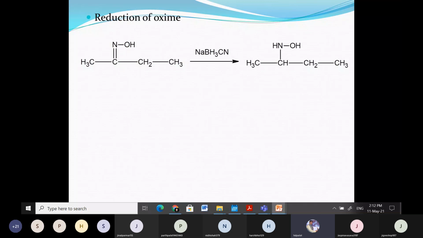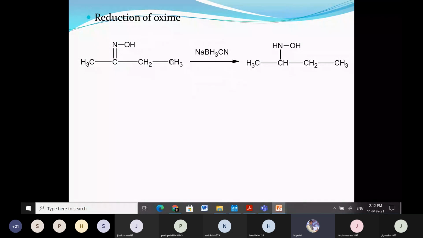When we treat this ketone with hydroxylamine, we will get this compound, C double bond NOH. This group, C double bond NOH, is known as an oxime.